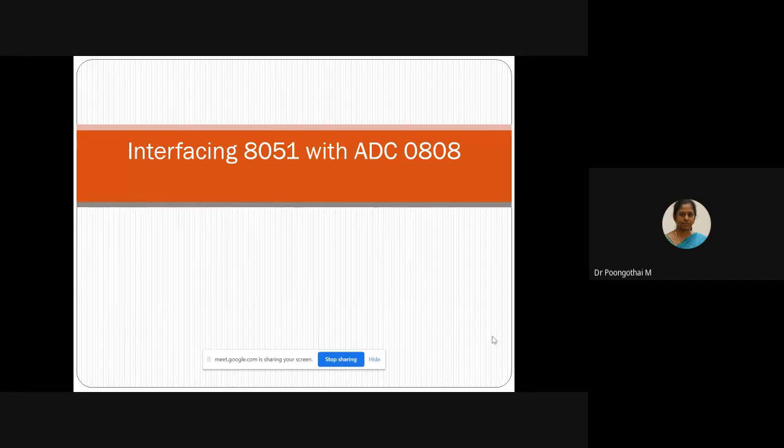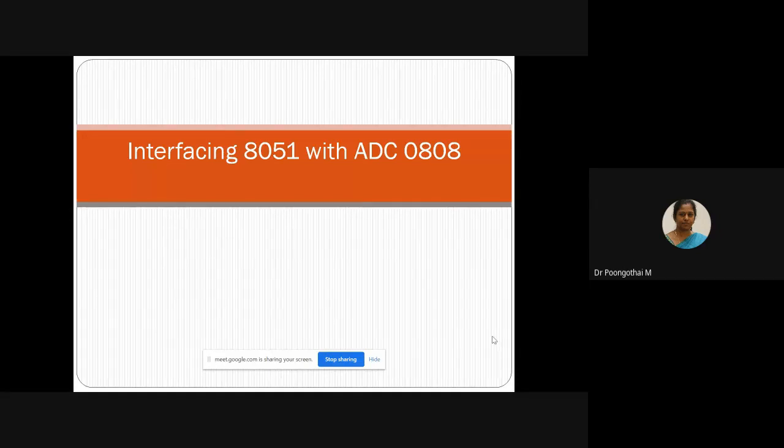So most modern microcontrollers with 8051 IP cores have an inbuilt ADC. The older versions of 8051 like MCS51 and 89C51 don't have an on-chip ADC.